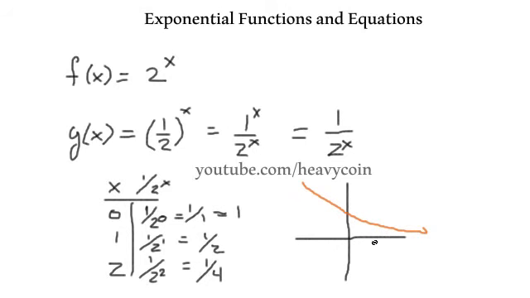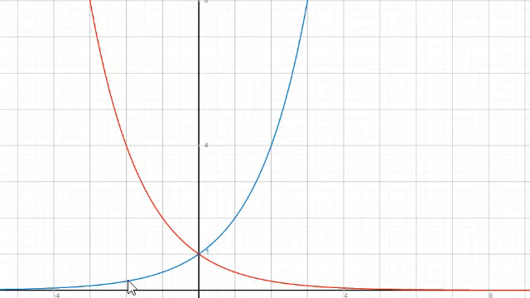But it gets closer and closer to the x-axis as x gets larger and larger going outward. So let's take a look at that graph. This was 2 raised to the x, and this red line right here is a half raised to the x. We can see that it's getting closer and closer as x gets larger and larger.